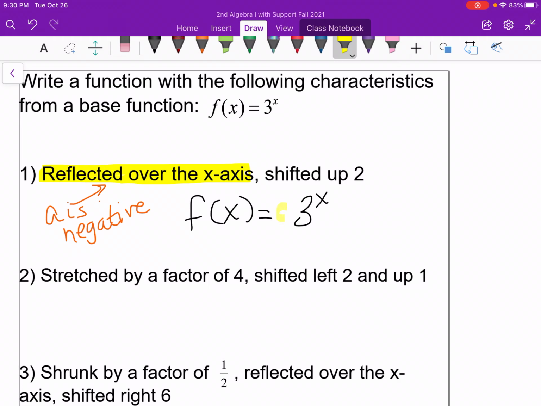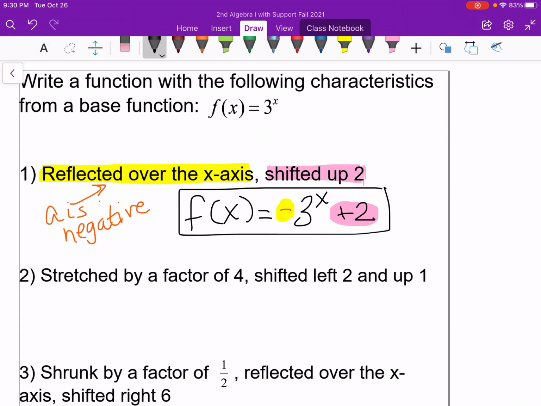So that means that right here is negative. And the second item is that it's been shifted up 2. That means that k is plus 2. So that's over here. So that would be a plus 2 there. And that's our answer. So negative 3 to the x plus 2.